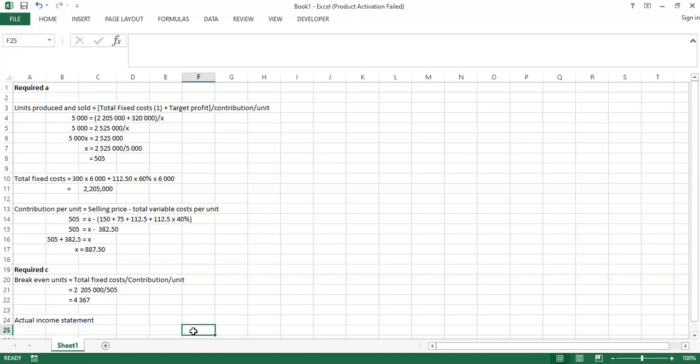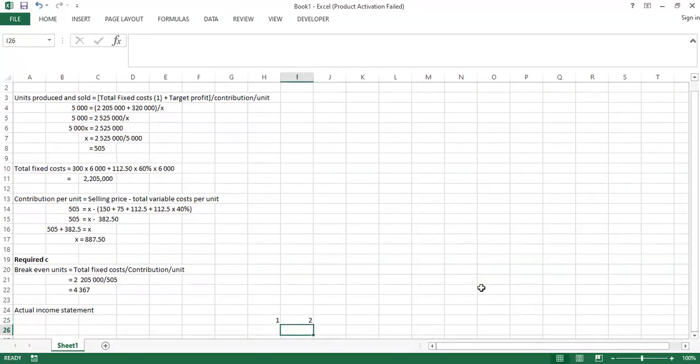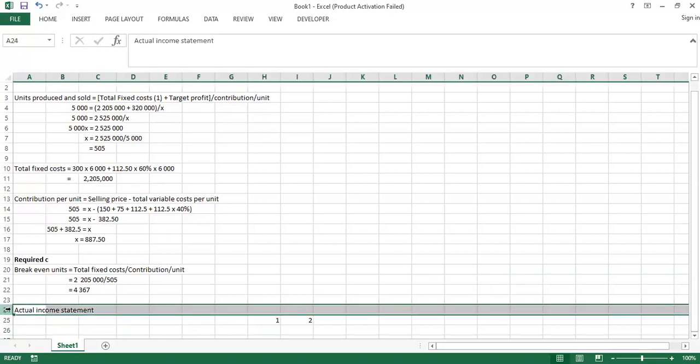All right, there we go. I was running out of battery, sorry. So we can have our period 1 and period 2, somewhere here, so that we can have enough space to put our calculation. This is required part D.